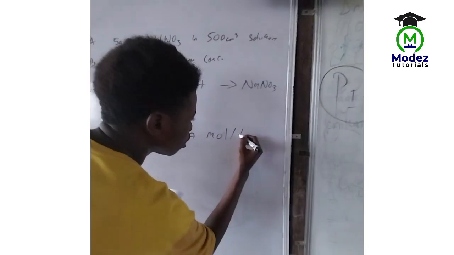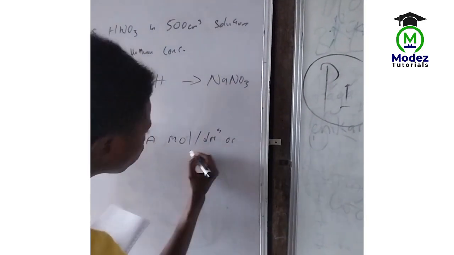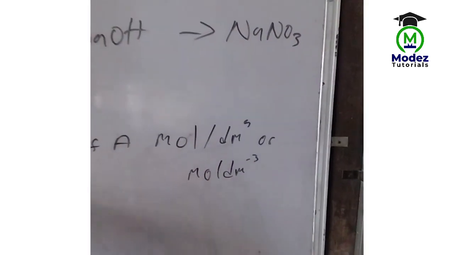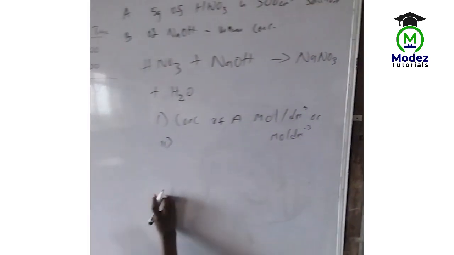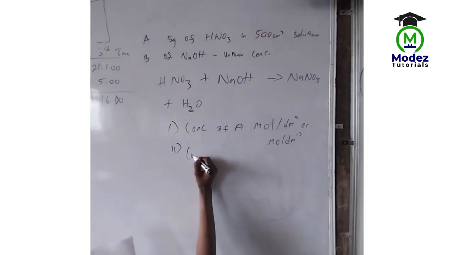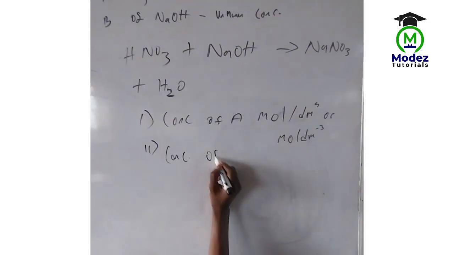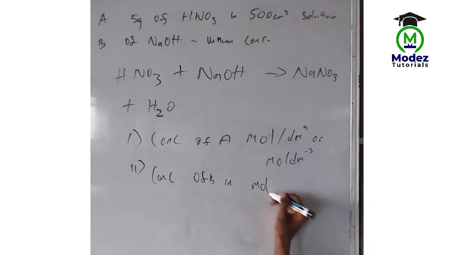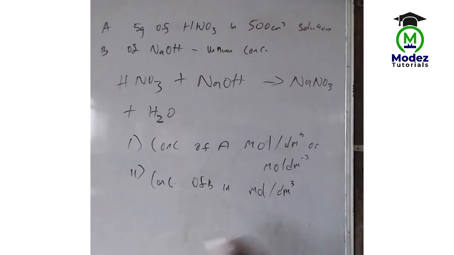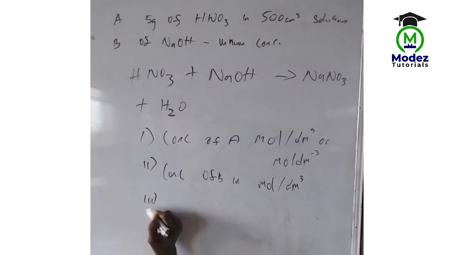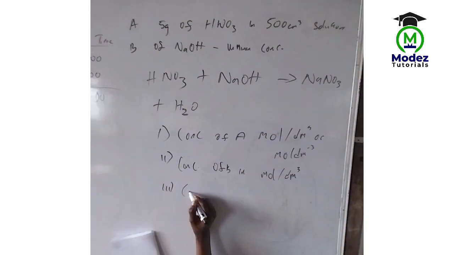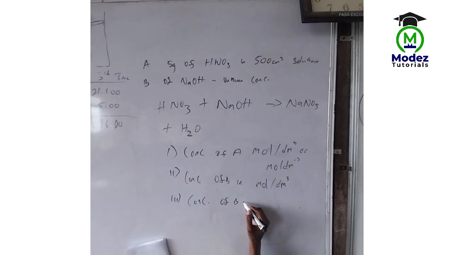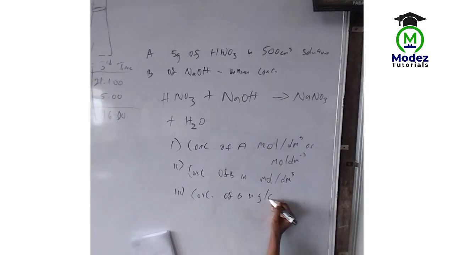You can write it like this or like this. Then we should calculate the concentration of B, which is this base, in mole per dm³. Then also calculate the concentration of B in grams per dm³.